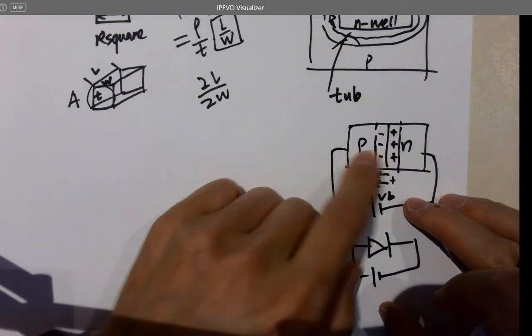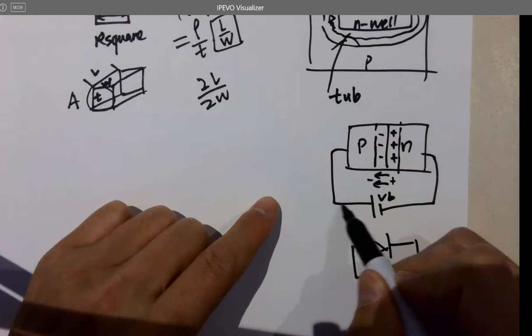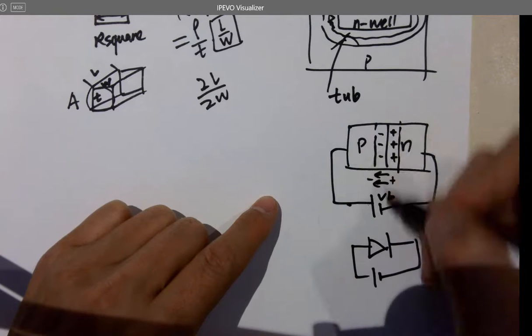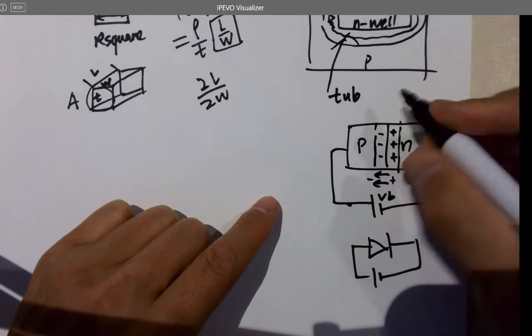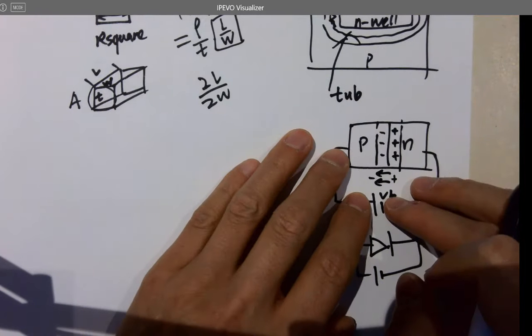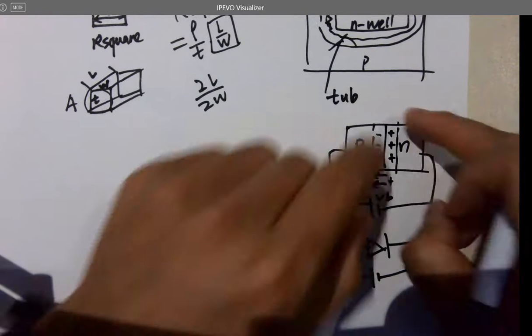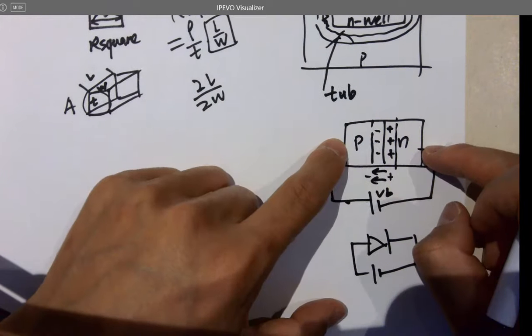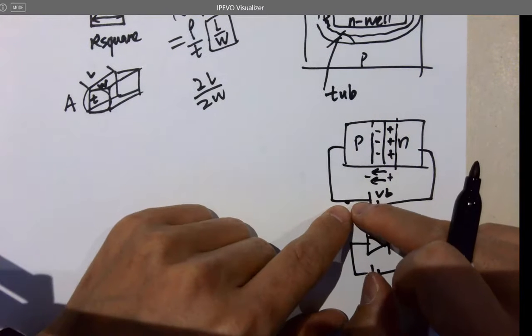But when you are looking at the charges, if you get the positive charge over here, because it's being forward biased, the depletion region already formed before you connect the voltage source to the PN junction. But after you connect this one to the PN junction, that's the positive polarity.